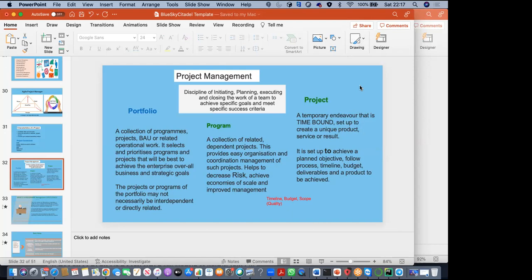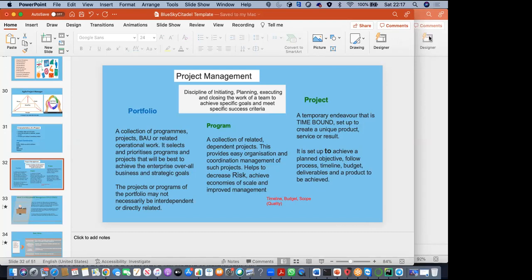Fantastic. It's time-bound. It's set up to achieve a specific, unique product, service, or result. It could be a product, it could be a service, it could be a result.